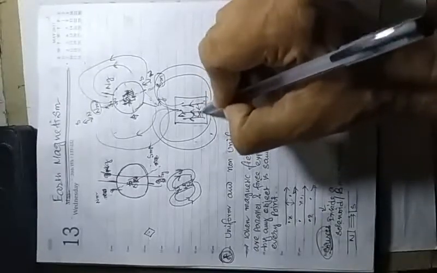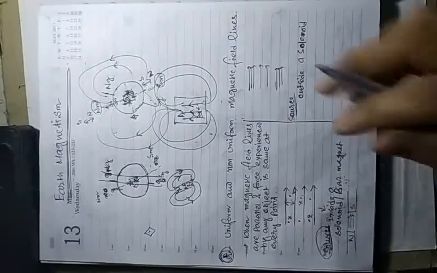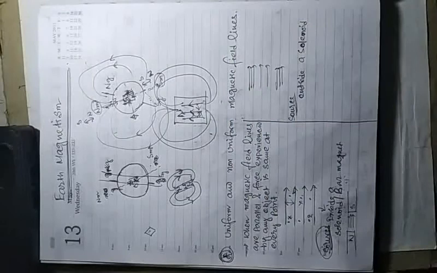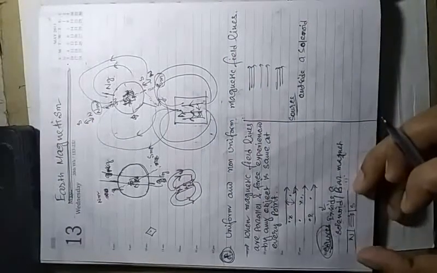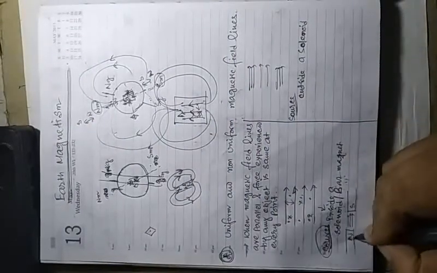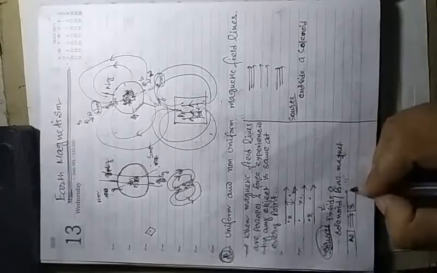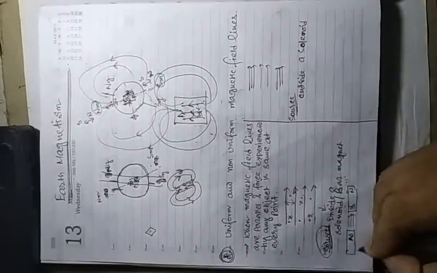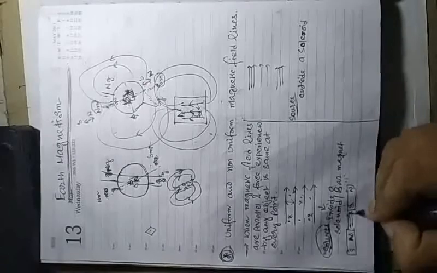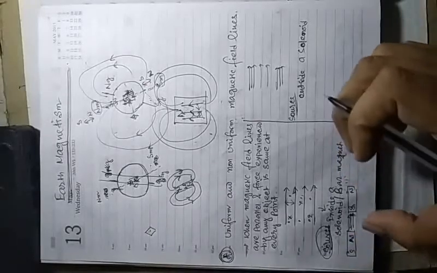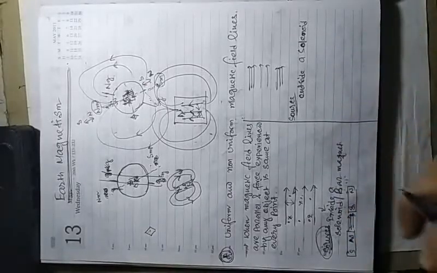So inside a bar magnet you can say there is a uniform field. And between two magnets, one north and another south pole, if you bring two magnets together, there also you can see some uniform field between them. Non-uniform is also there, but uniform is also there.